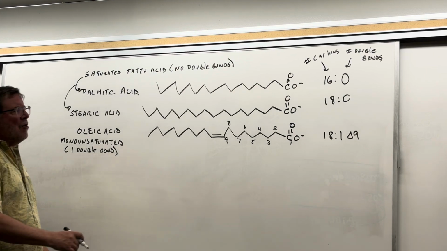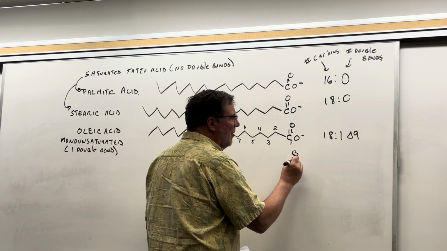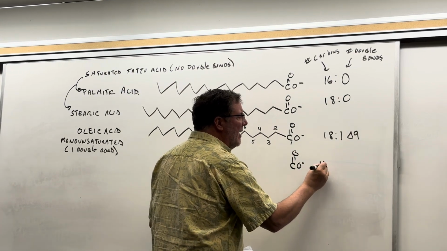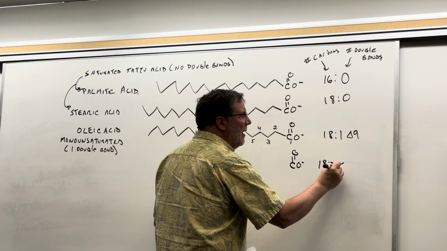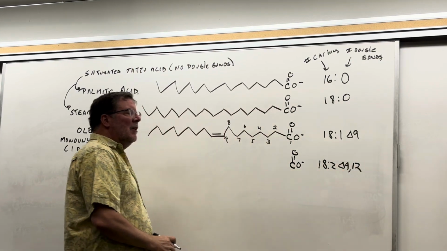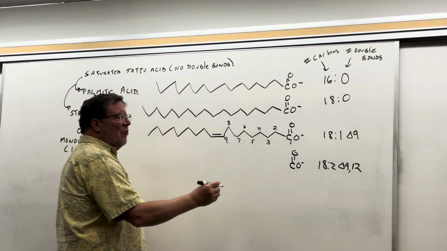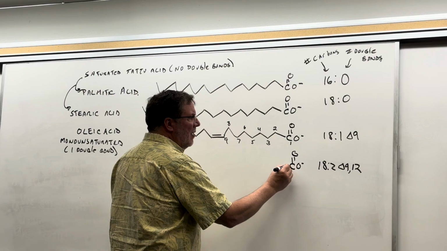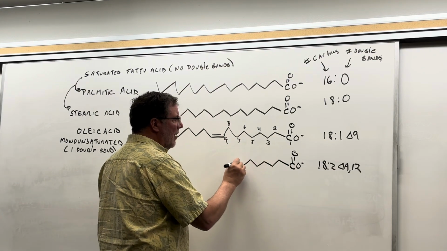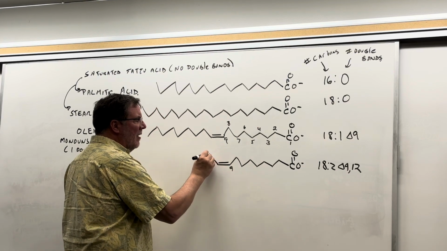All right, now we are going to add some more double bonds. We're going to stick with 18 carbons, but now we're going to go 18:2, delta 9, 12. So we're going to have two double bonds, one at the 9 position and one at the 12 position. So 1, 2, 4, 6, 8. Then again, this is at the 9, 10, 11, 12.